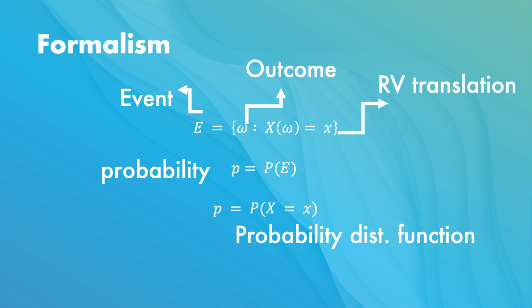And then we have the probability, which we can calculate as the probability of E, but that is the same as saying the probability of X being equal to x. And we use the same P, but it's not the probability function, it is the probability distribution function, because now we are dealing with a random variable, with a translation.